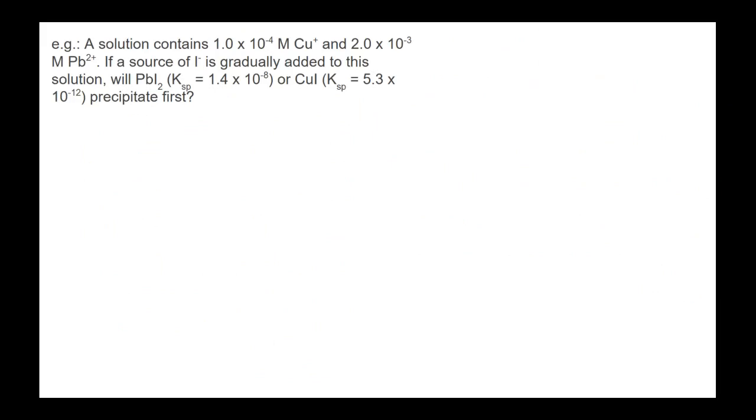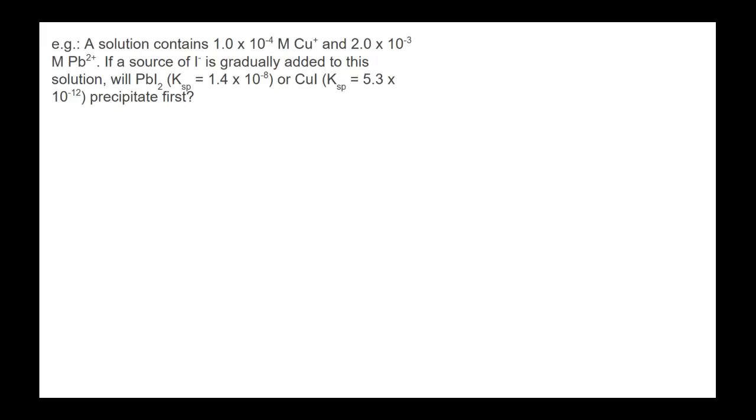Here's another one. A solution has 1 times 10 to the minus 4th molar copper 1 ion concentration and 2 times 10 to the minus 3rd molar lead 2 concentration. A source of iodide is gradually added to this solution, and the question here is, will lead iodide or copper 1 iodide precipitate out first?